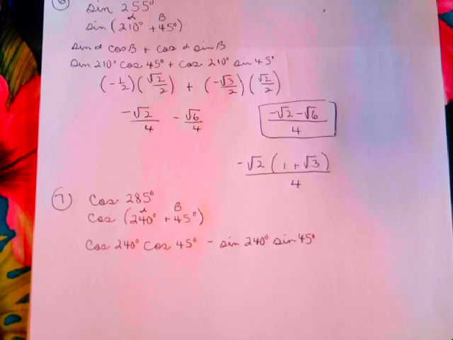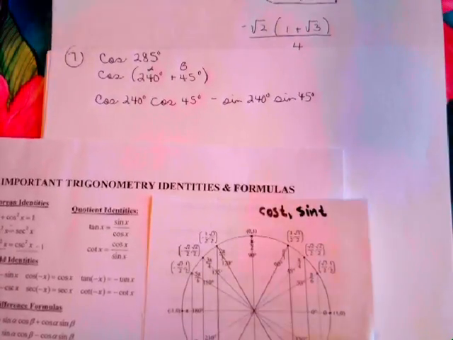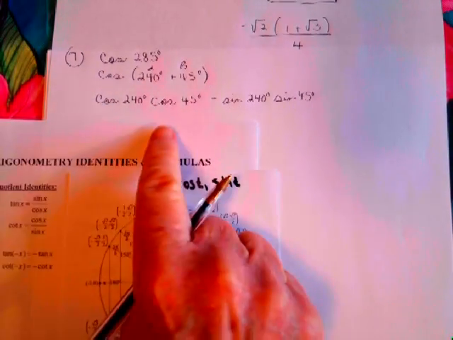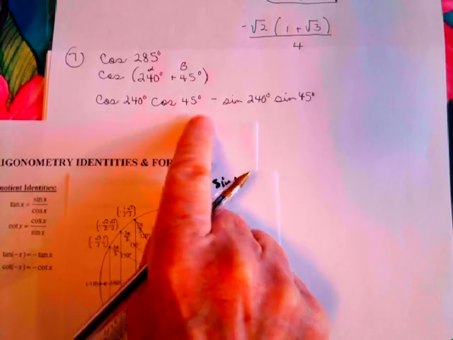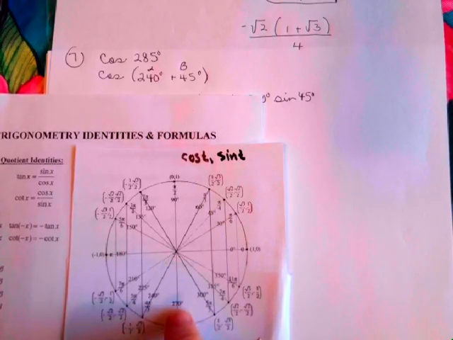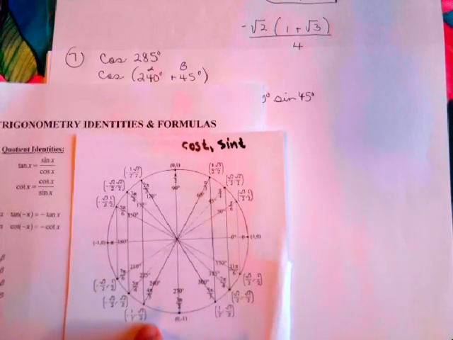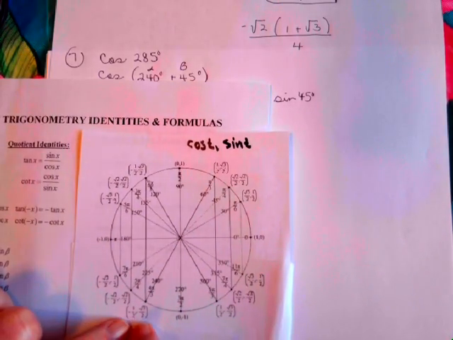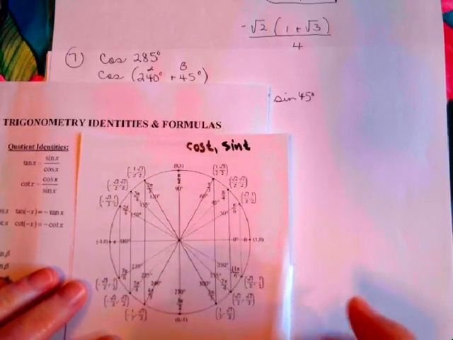Look at your unit circle. Find these values. Substitute these values in this formula and simplify. The cosine of 240 degrees. Remember, it's cosine comma sine, so this is negative 1/2.